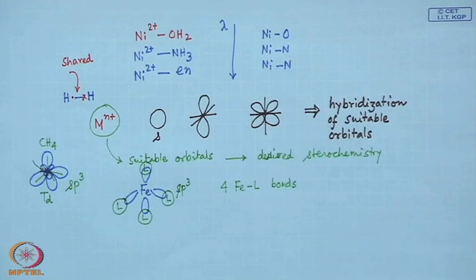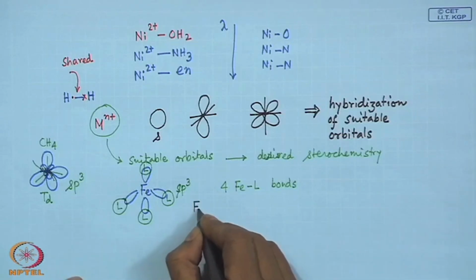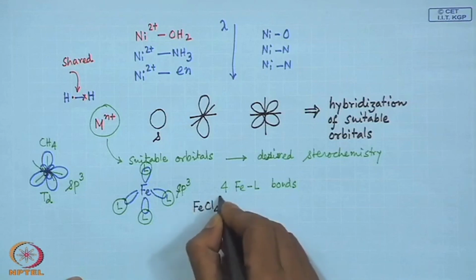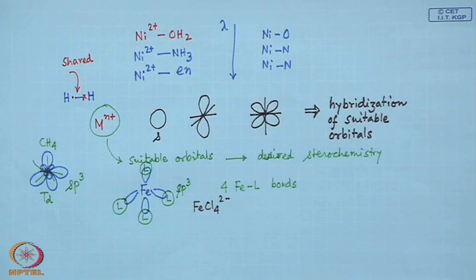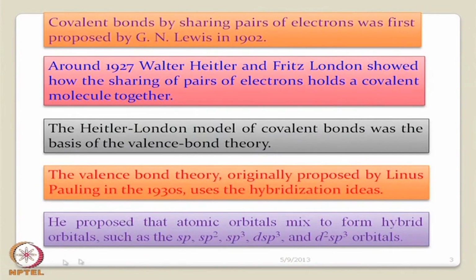These 4 Fe-L bonds will be present within the complex FeCl4 2 minus, and this is due to the hybridization scheme proposed by Linus Pauling. He proposed that atomic orbitals from the atom of the metal ion mix to form hybrid orbitals, and there are different types of combinations possible.